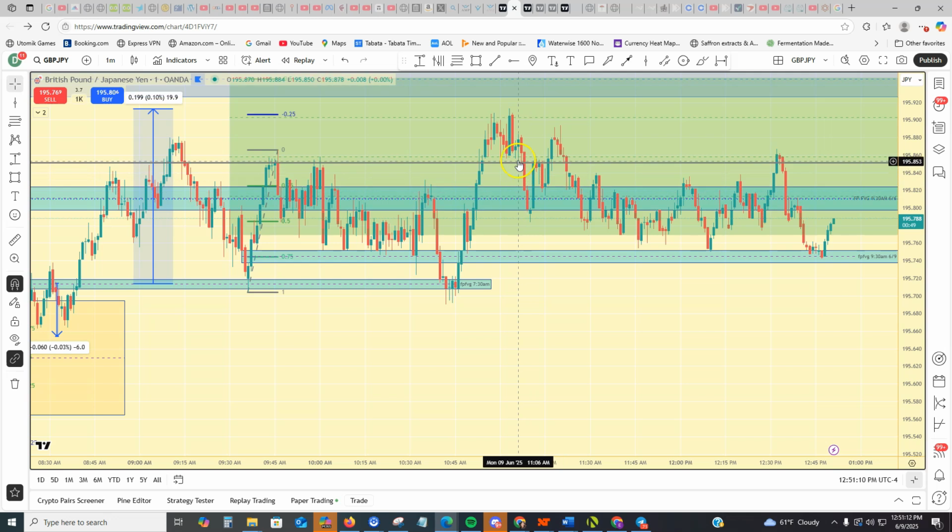From here, this fair value got here. Price comes up. I would have noticed this here as a quarter of some higher time frame PDArray. But more than likely I would have got in around here, on the 15-second, with the stop loss like here or higher.